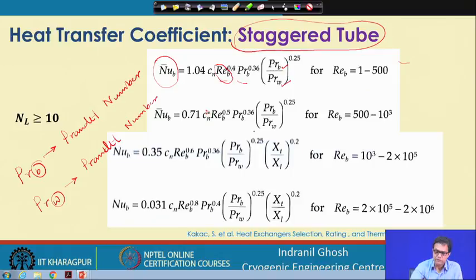So, you will also find another term here, that is Cn. Here also we find a number Cn, and in the earlier correlation also you will find that we have a term Cn, and that Cn takes care of the number of layers. If it is less than 10, it will be some factor, but if it is more than or equal to 10, then it becomes 1.